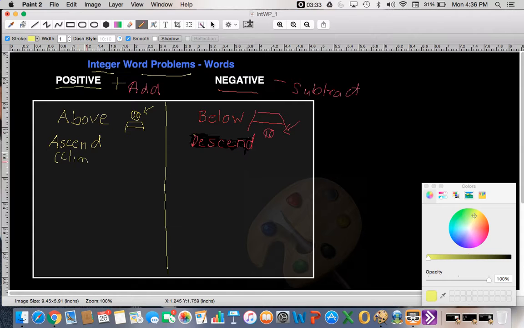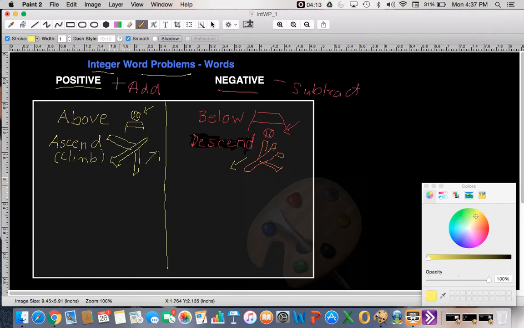It's usually in some of your tests, it talks about the ascend of an airplane going up, climbing up, or the descend of an airplane going down. So ascend goes up and descend goes down.